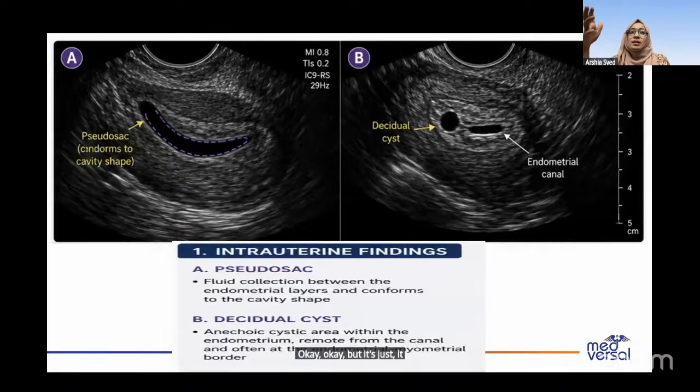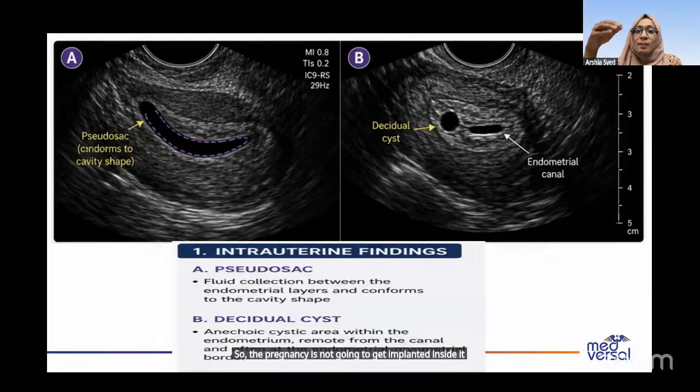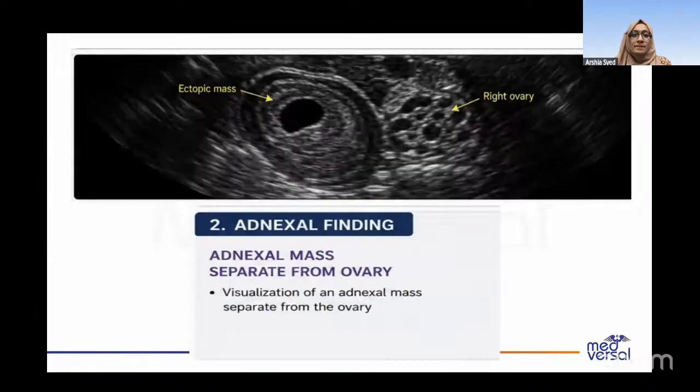But it's just the uterus's way of preparing itself for pregnancy. Though the pregnancy is not going to get implanted inside it, it thinks that it should prepare itself. That is why these changes are seen inside the uterine cavity. So that is the status of the uterus.